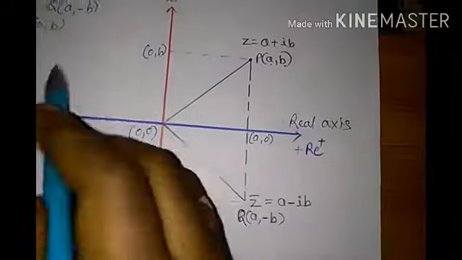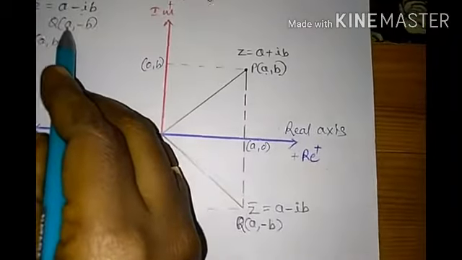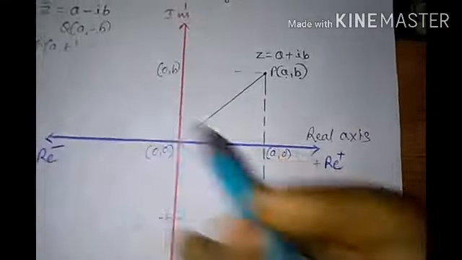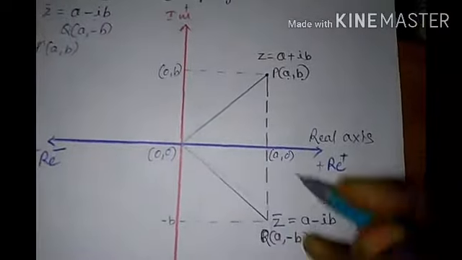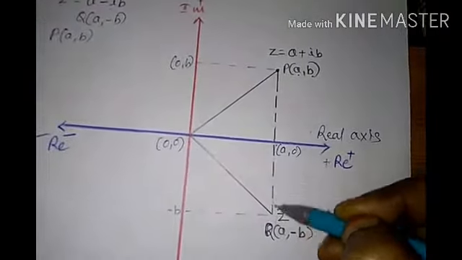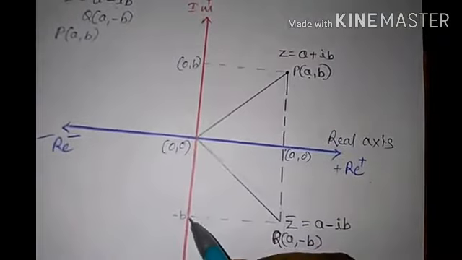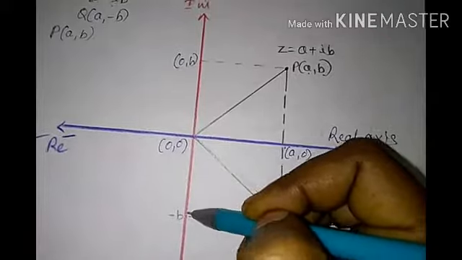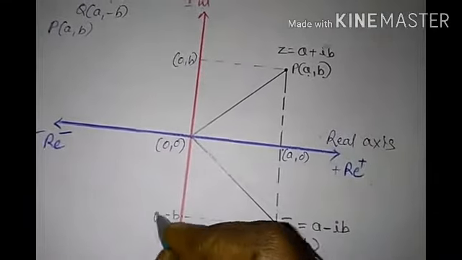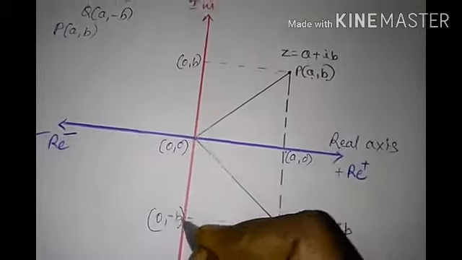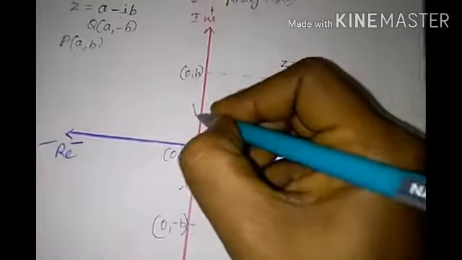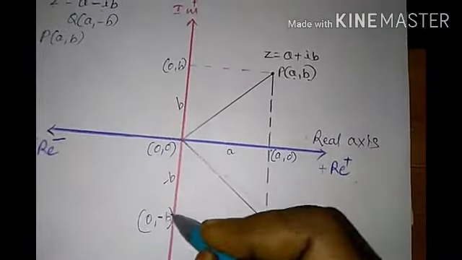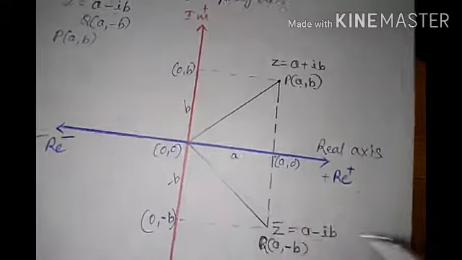Here a is the real part and minus b is the imaginary part. So take a like this, and minus b is the distance from the origin to the point (0, minus b).